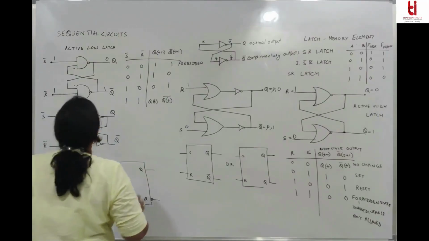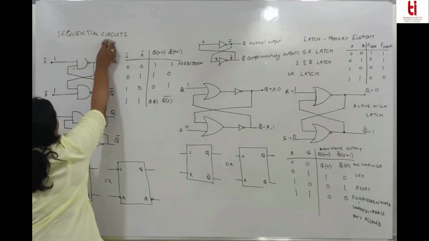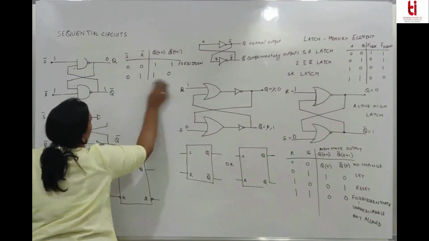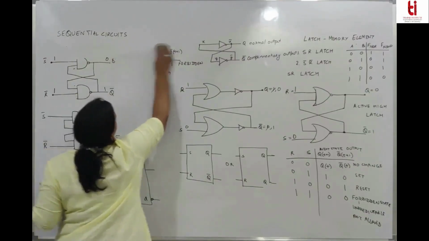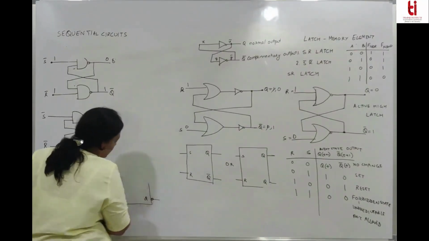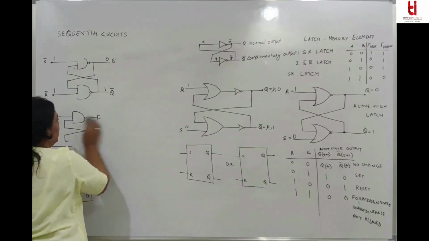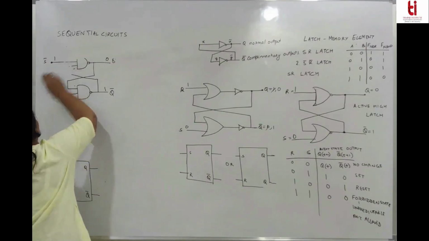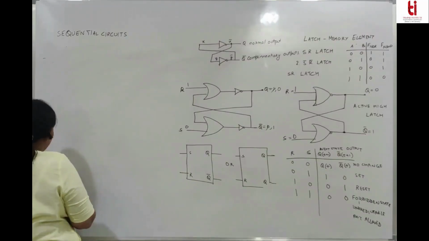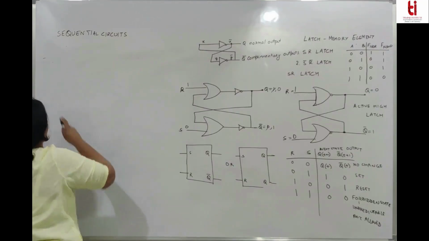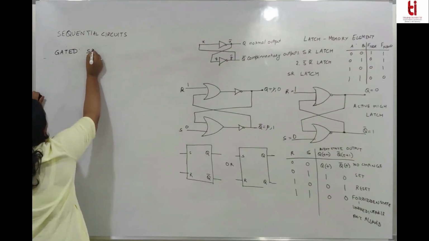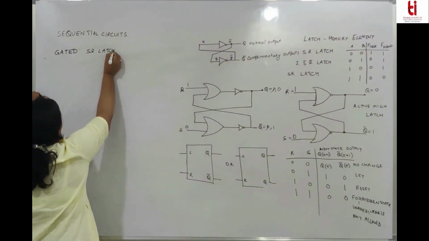Then we have the gated SR latch. Now you can see that the two latches we have drawn have 4 states, and out of 4 states, 1 state is forbidden. So we should look for certain latches in which we can remove this forbidden state. So another is a gated latch where you will have a control signal, a gated SR latch.